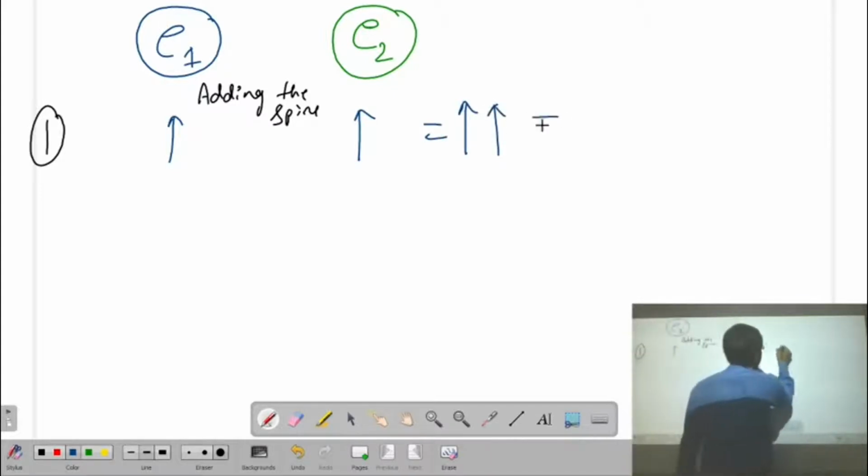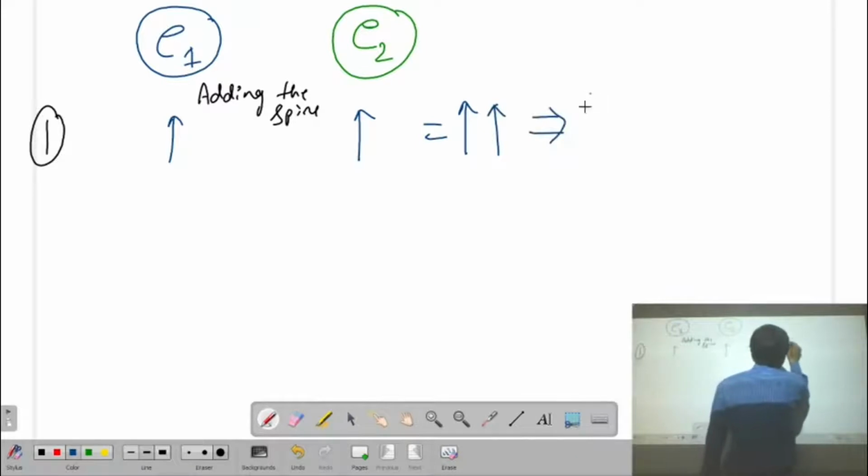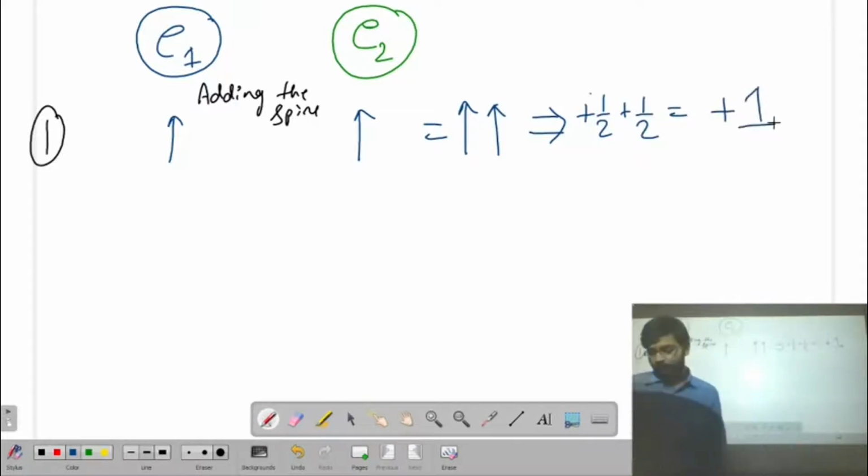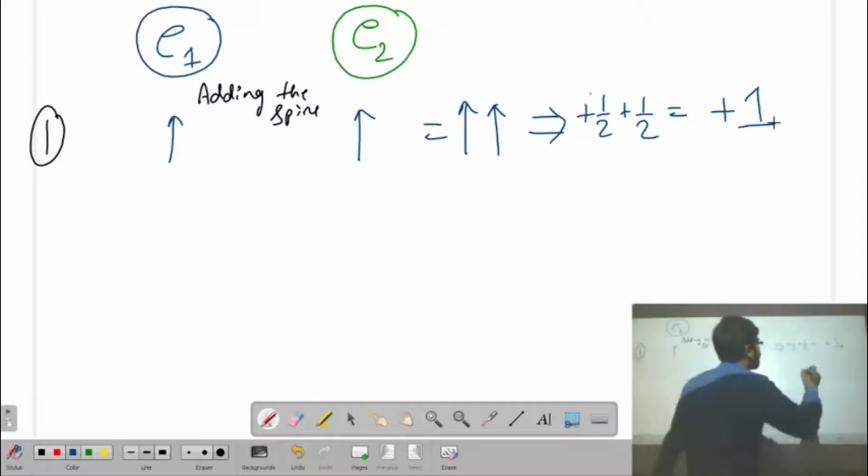And it will give us plus 1. This is nothing but the z component.